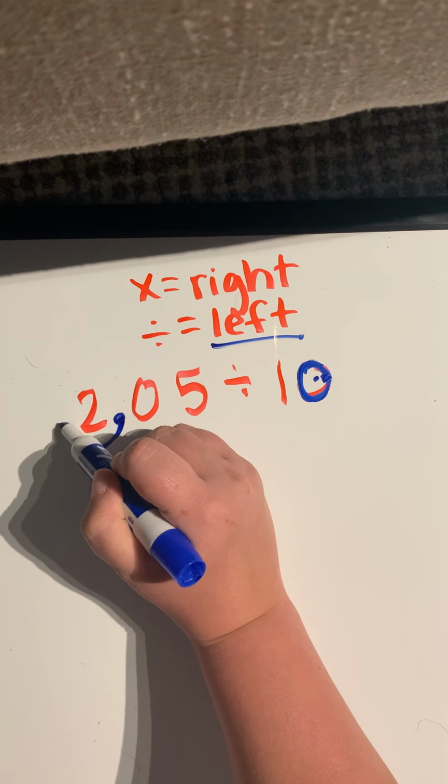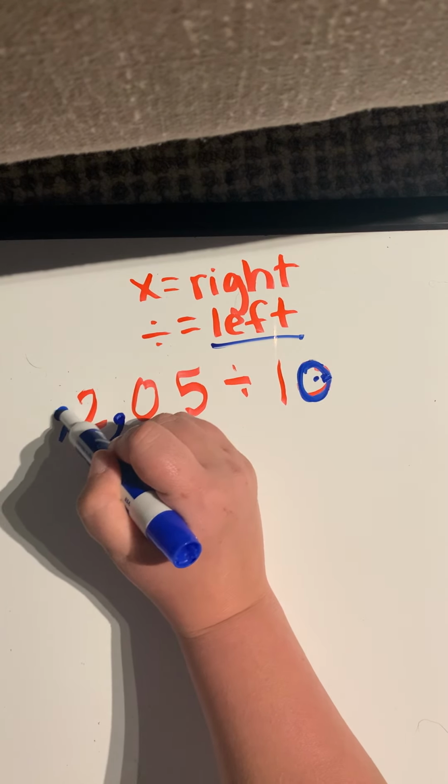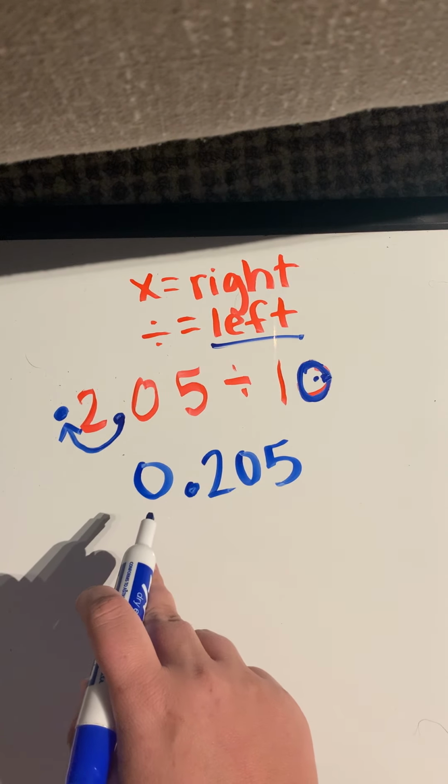So we're going to go this way, boop, boop, and I'm going to put my decimal right there. If I give you my answer, it would be 0.205 or 205 thousandths, okay? If you want to, you can put a 0 in your ones place. You don't have to, but you can use it as a placeholder.